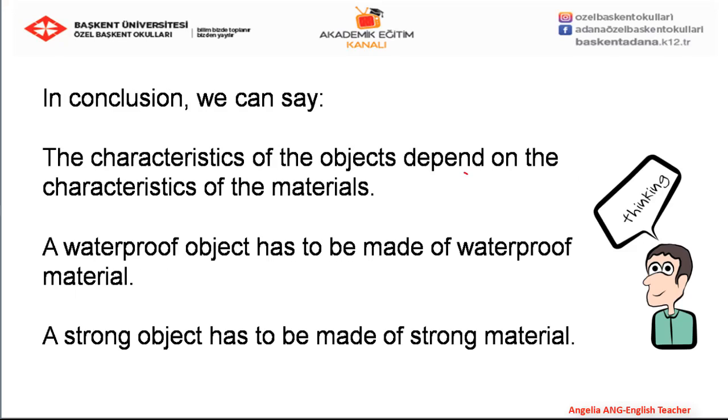In conclusion, we can say the characteristics of the objects depend on the characteristics of the materials. A waterproof object has to be made of waterproof material. A strong object has to be made of strong material.